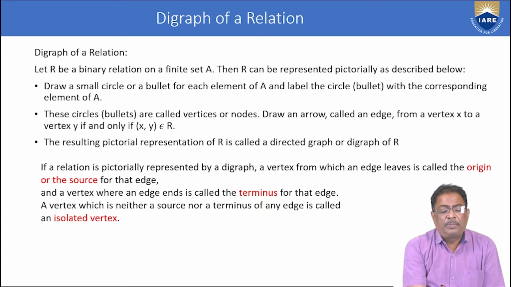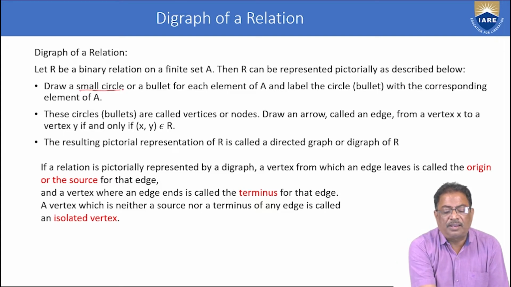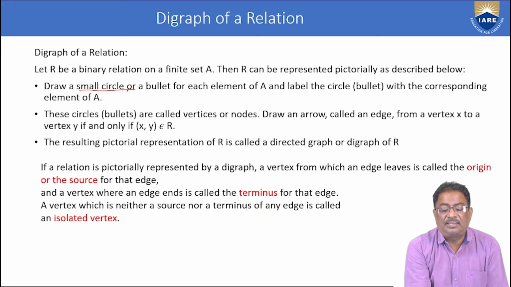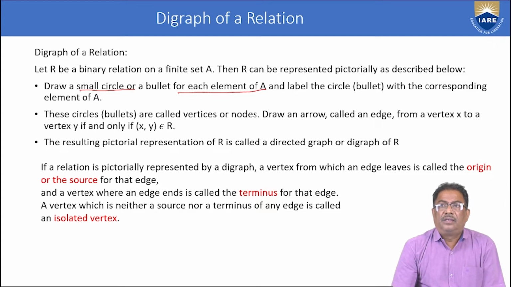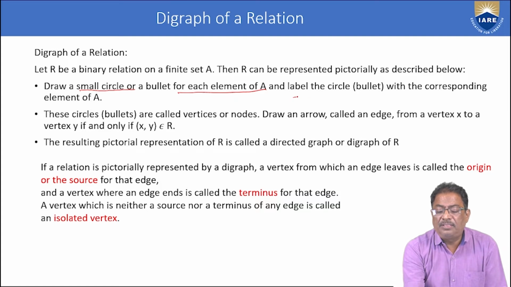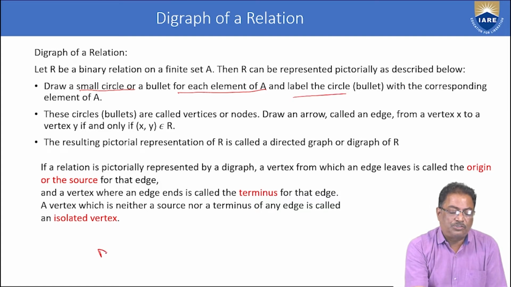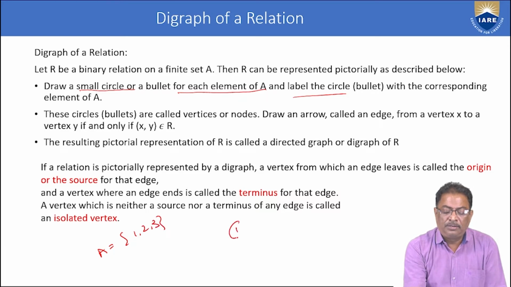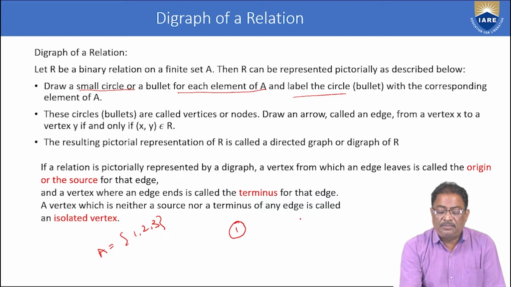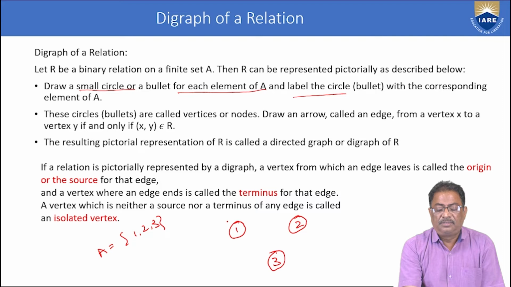First of all, draw small circles or bullets for each and every element of A, and label the circles. Suppose A is equal to {1, 2, 3}. Then I draw one circle, then another circle, for all the elements.